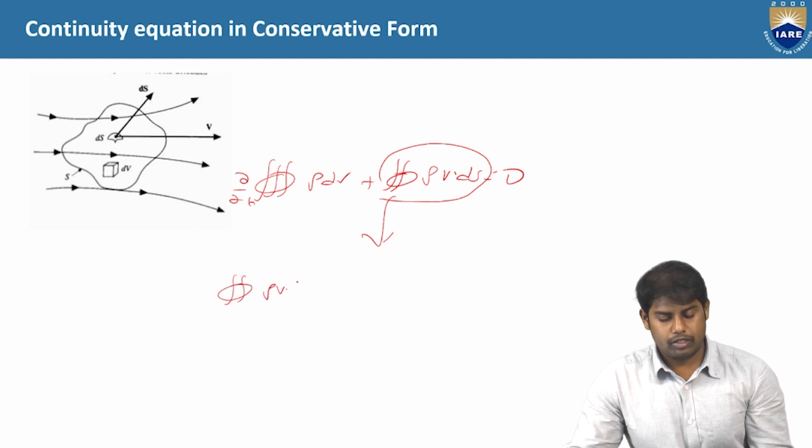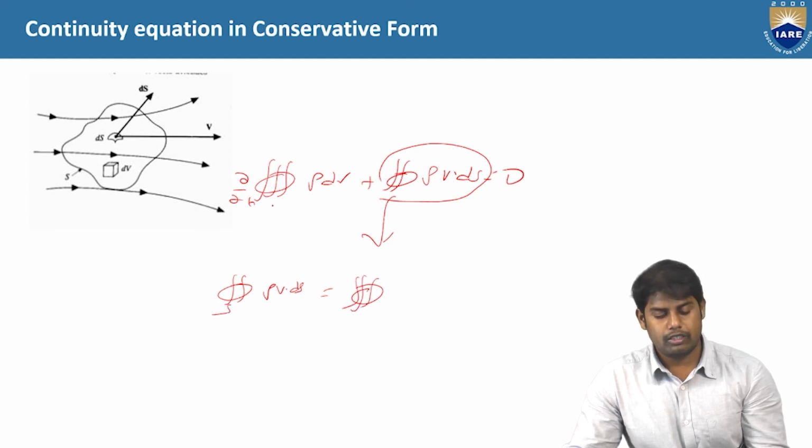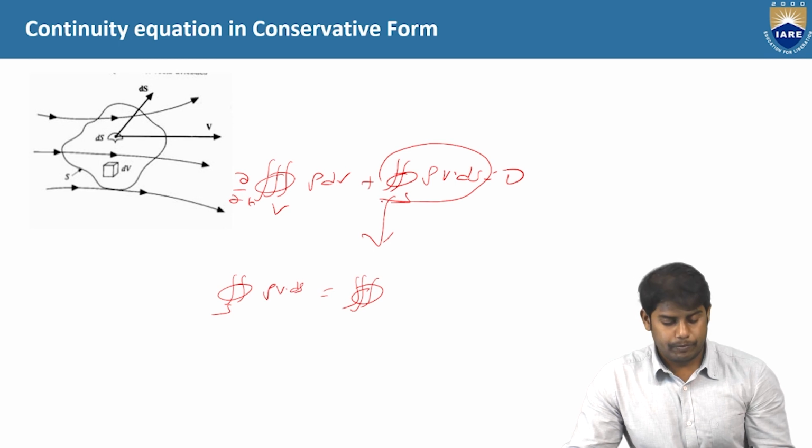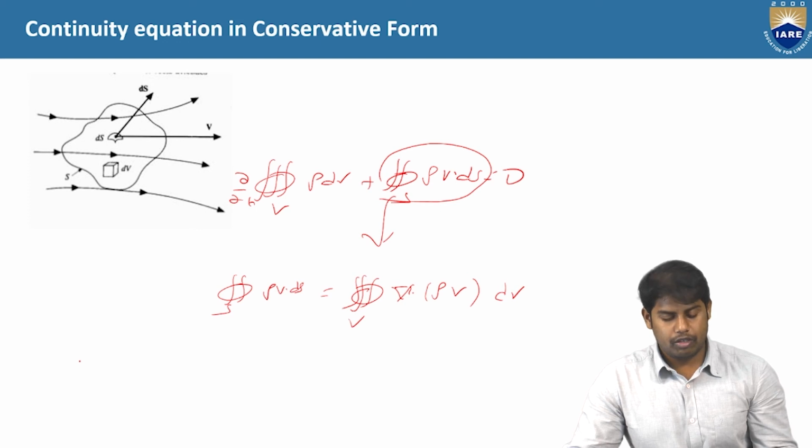So it is equal to the triple integral, where this is S and this is the volume, of del dot rho v into dv. Okay, so this is what we have.